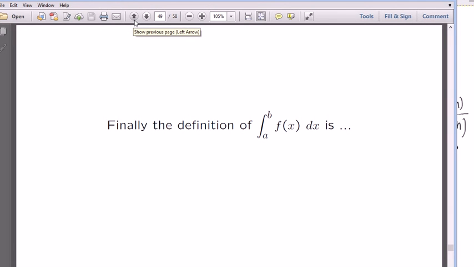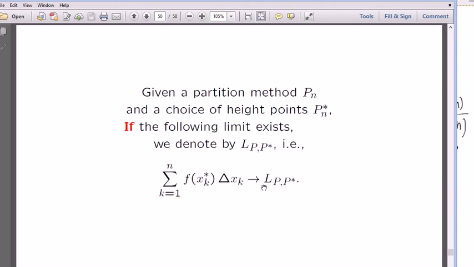Finally, I'm trying to define the meaning of this symbol, which was just introduced as a signed area using the picture and our intuition. Nobody questioned the meaning of the area, but they wanted to define it carefully in mathematics. It still takes time. It's not an immediate definition here. Given a partition method, you have a formula for xk equals log of 1 plus k divided by n, and you also have a formula for height points.